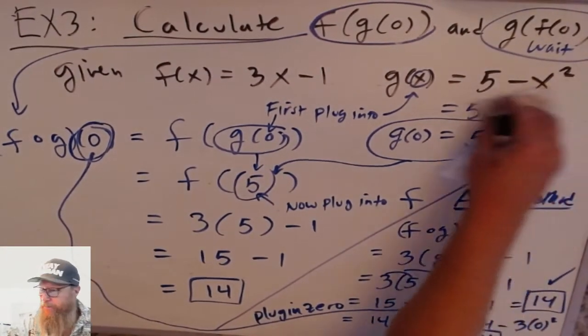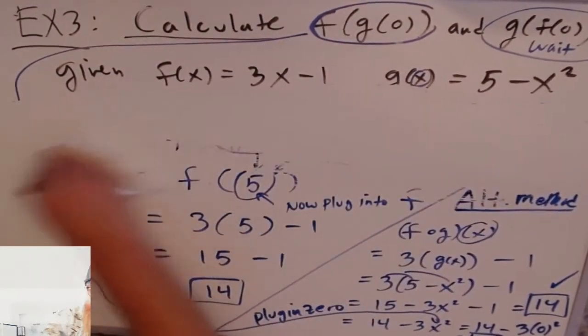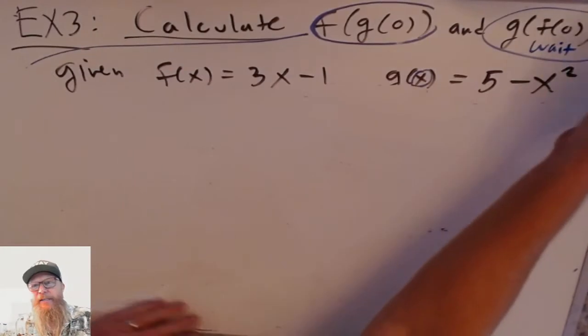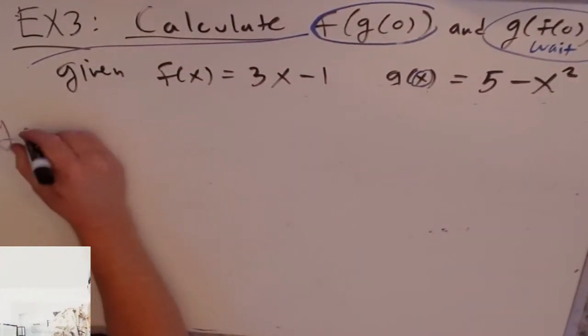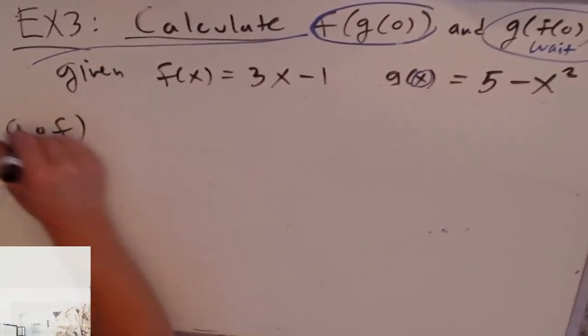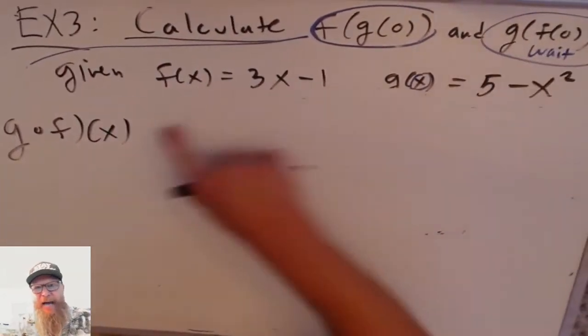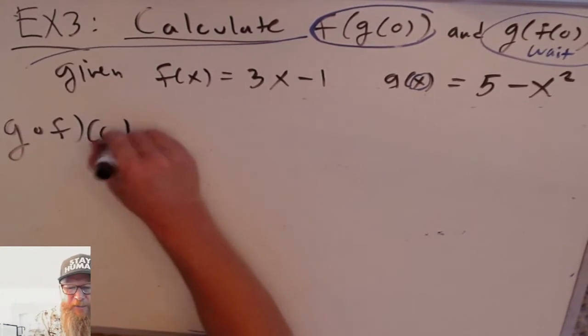Okay, so let's do it the other way now. I said we're waiting on this one, so let's do Goff. That's what this means. G(F(0)). Oh, and we're not using X, we're using 0.